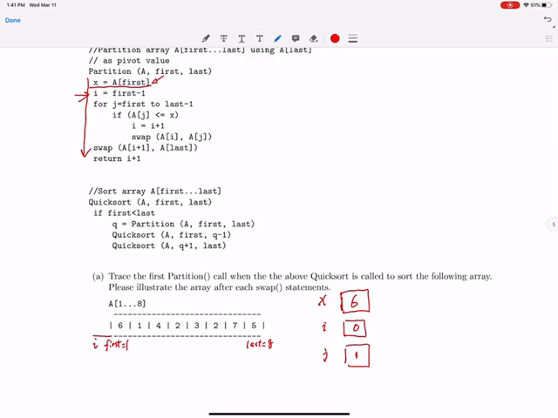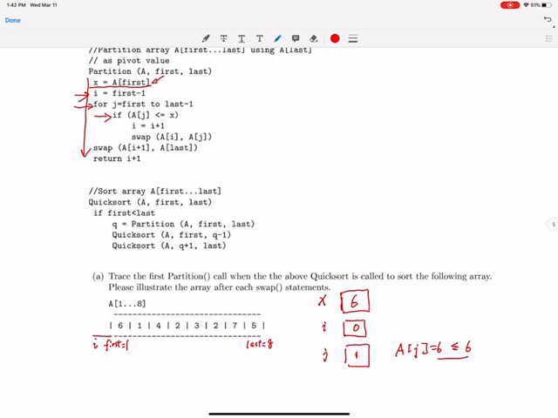If A[j] is less than or equal to x, A[j], which is 6, compared with x, 6 is equal.